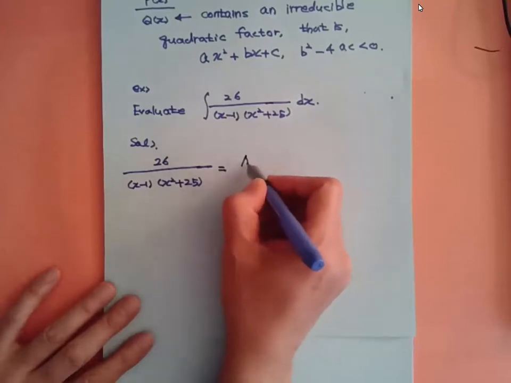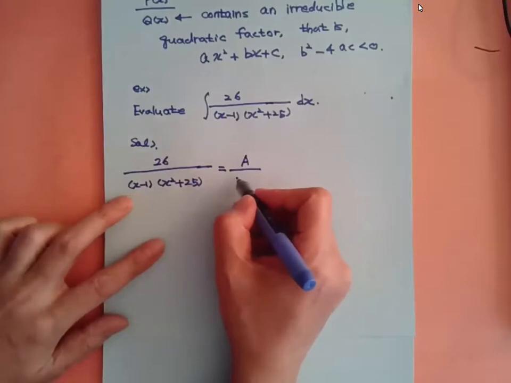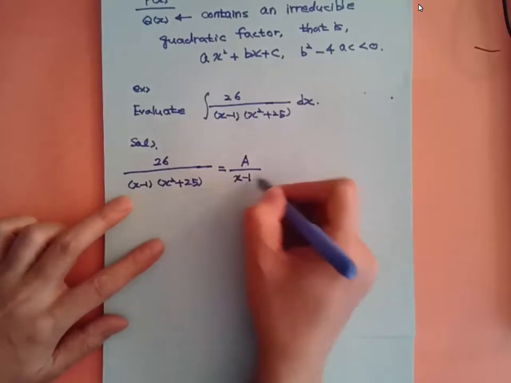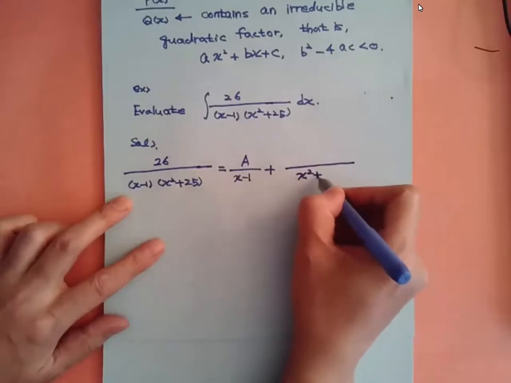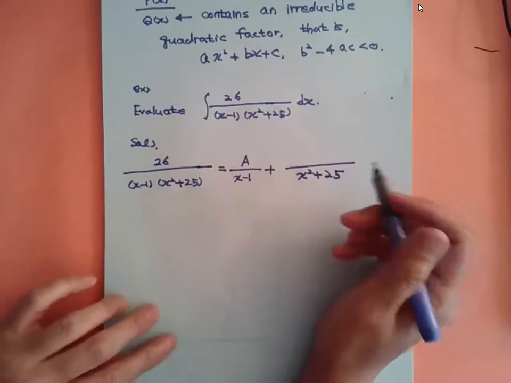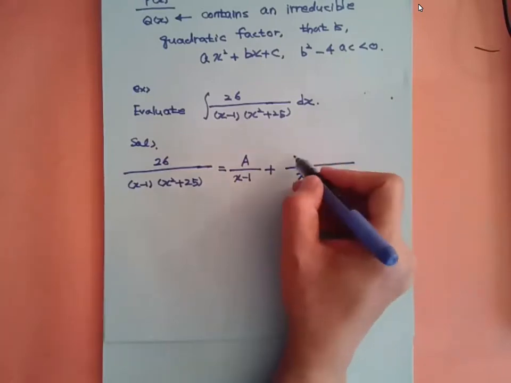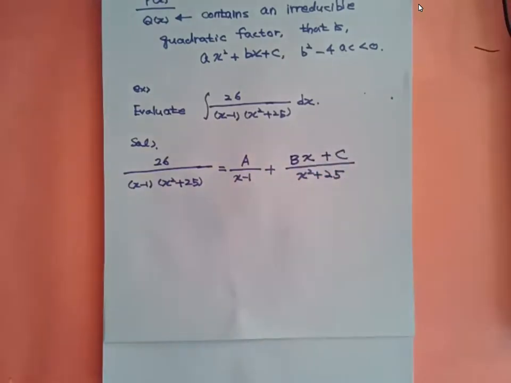The first one will be from x minus 1, so we will write a over x minus 1. The second one has a degree 2 polynomial. In that case, the numerator will be written as bx plus c, which means just one less degree.